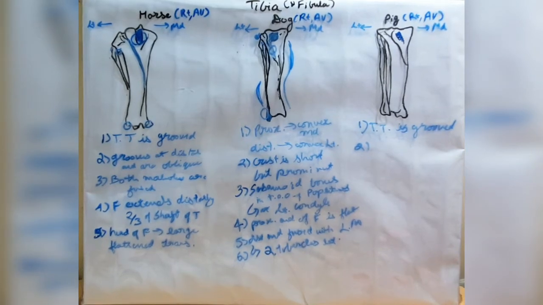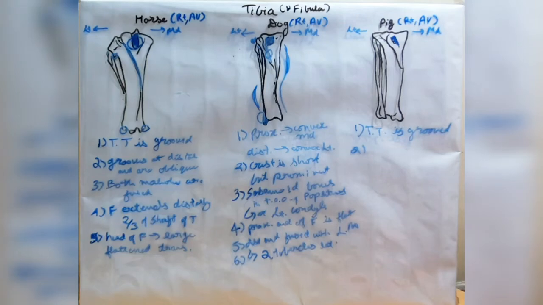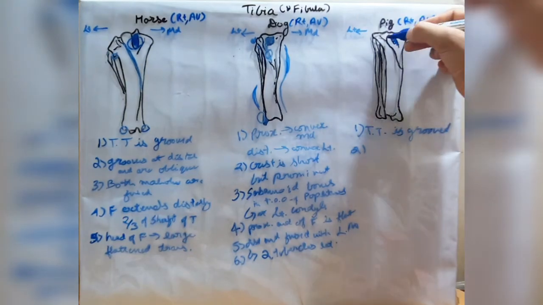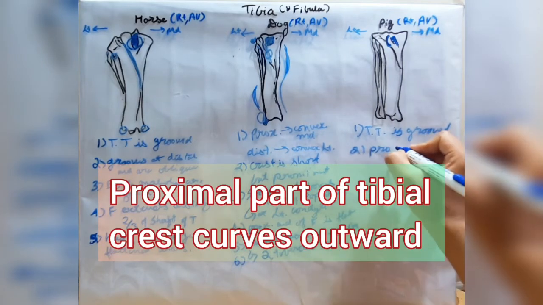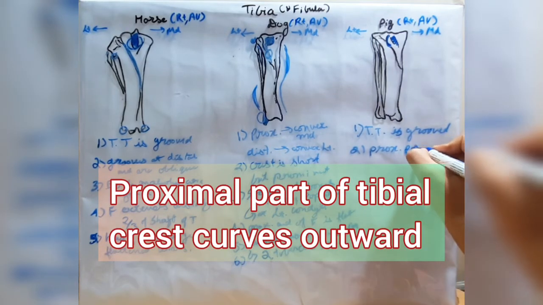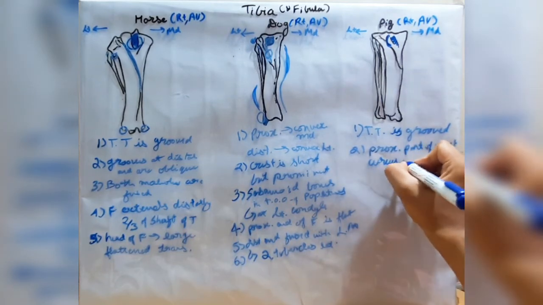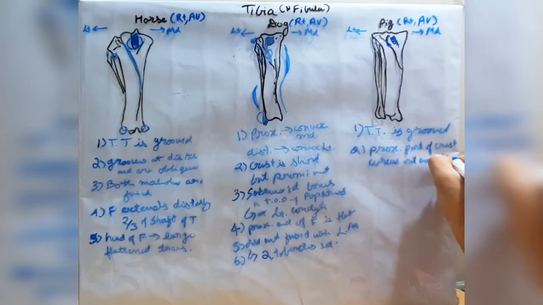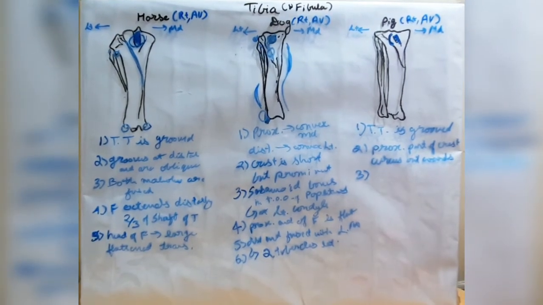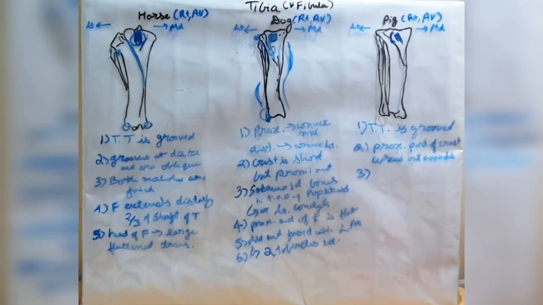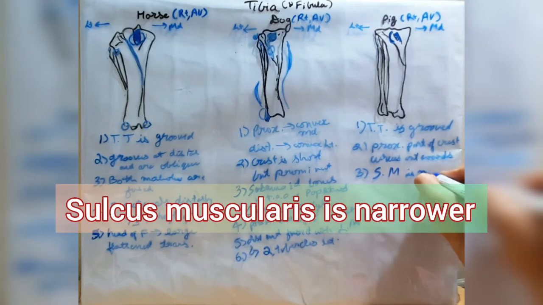Now the second point is that the proximal part of the crest of tibia is very prominent and it curves outward. The third point is the sulcus muscularis is narrow as compared to other species. Sulcus muscularis is narrower.